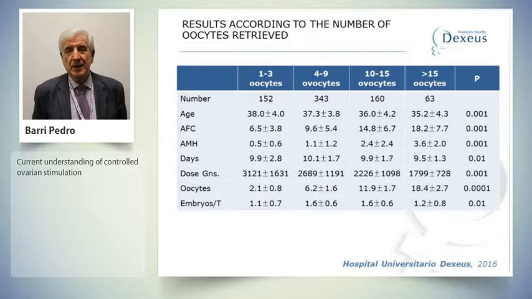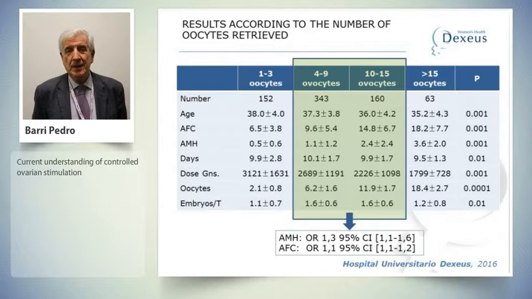And we will see that there are significant differences among these 4 groups as far as age, antral follicle count, AMH levels, days of stimulation, gonadotropin requirement, number of oocytes, and embryos transferred.